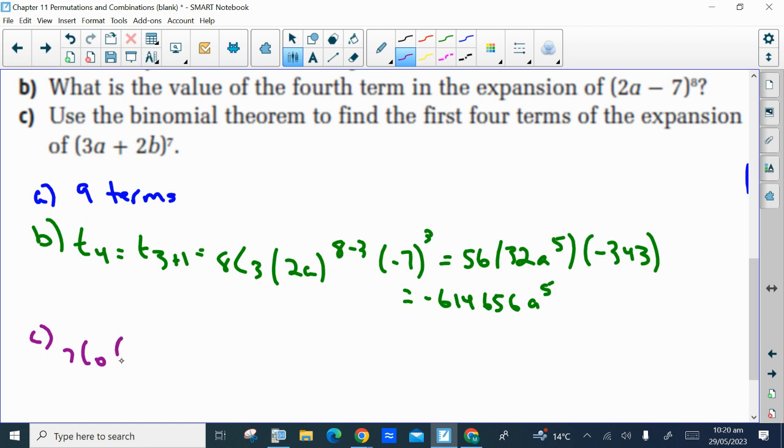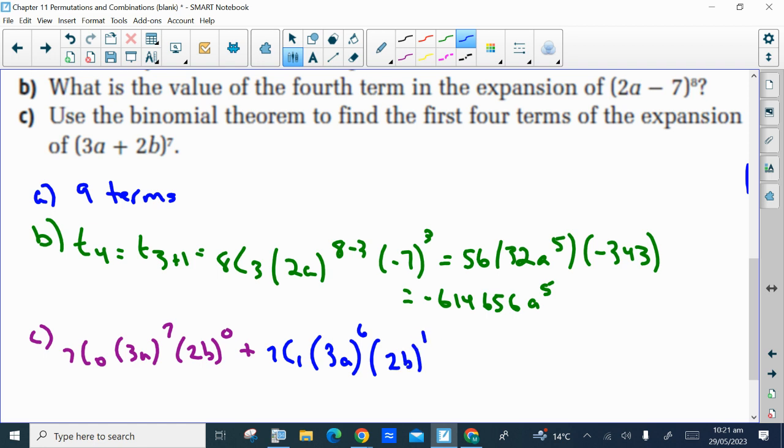So remember that the first term of the binomial 3a is raised to the power n. The second term of the binomial 2b technically is raised to the power 0. Plus, our next term will be 7c1. The power on 3a is decreased by 1. The power on 2b is increased by 1. That'll give us our second term.